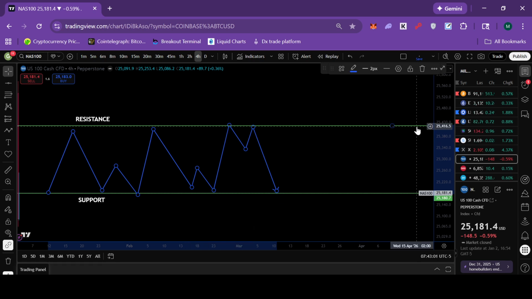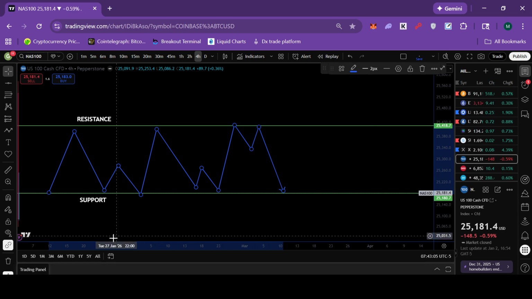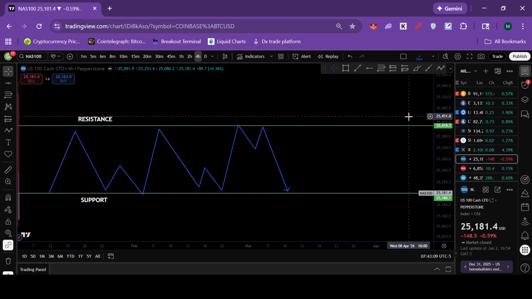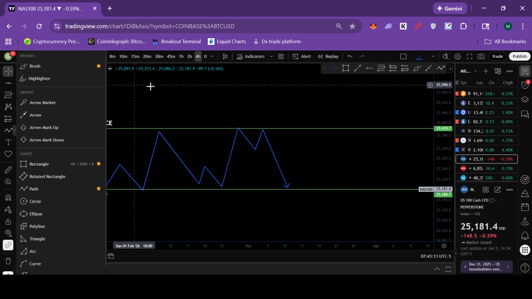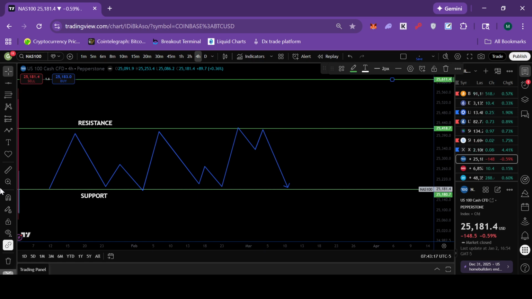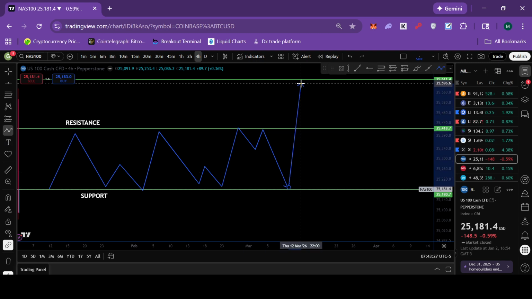Now, like I said before, I want you to think of this as a building. So now, if you were to go up to the next floor, let's say you go up to the second level, what was once above you is now below you. So what do I mean by that? Let's say we get a break above, because it happens.